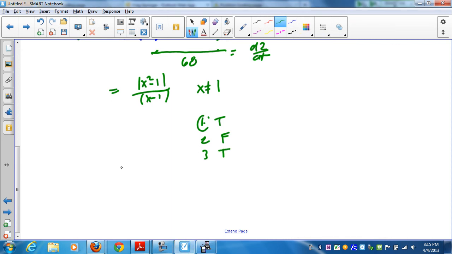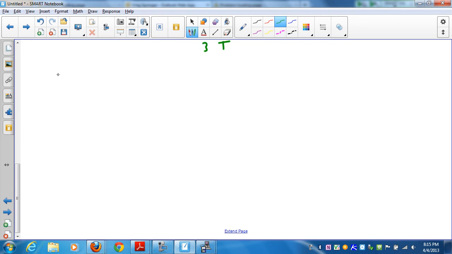Alright, let's take a look at number 36. It tells us that y is equal to 3x minus 7, and x has to be greater than or equal to 0. And what is the minimum?